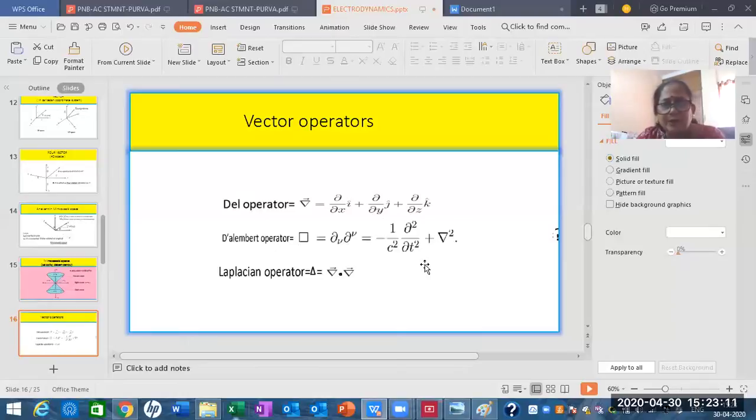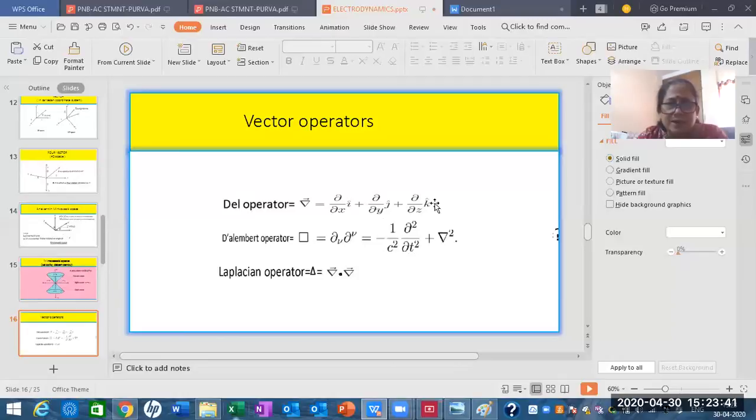Or in mathematical formalism, this can be written using the second differential of a variable. Let us say the variable is A. It is a 4 vector now. Here I took it as a 3 vector, that is 3D space. This is a 4D space. So A is a 4 vector here. You take 2 times differentiation with respect to time, multiplied by 1 by c square, that is the time component, plus del dot del.